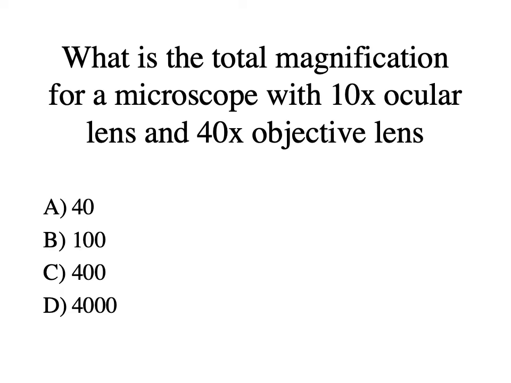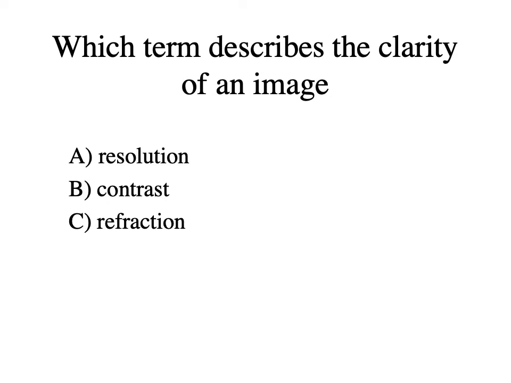What you do is take the ocular lens number and multiply it times the objective lens number. The ocular lens will always be 10, but the objective lens number will change. You multiply 10 times 40, and you get 400. The answer is C.